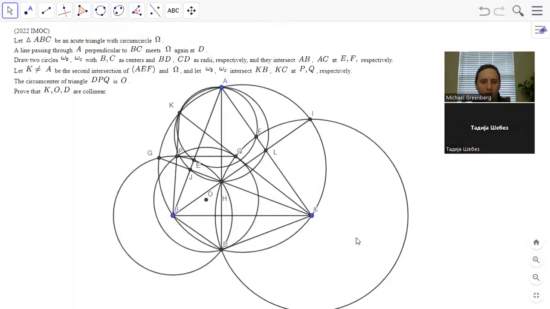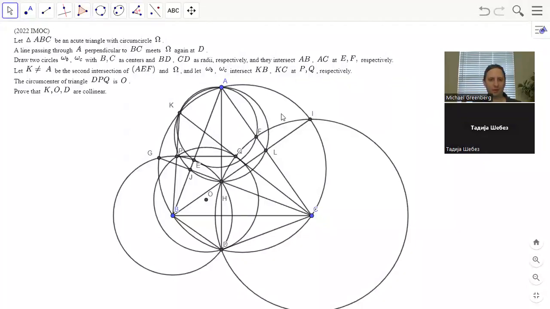Okay. So we want to show, what did you say was isogonal? In order for us to have that D, O, K are collinear, then DO and DH would be isogonal, since DH is perpendicular to PQ. So we want to show that DK and DH are isogonal in angle PDQ.